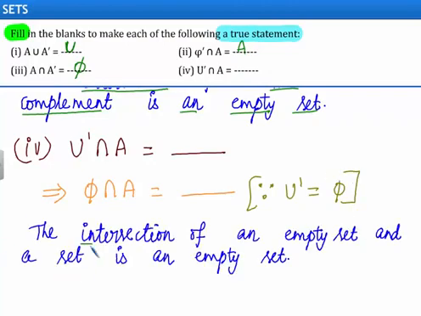We know that the intersection of an empty set and a set is an empty set. So, here we need to fill phi. Therefore, complement of U intersection A will be equal to the empty set. This completes the solution.